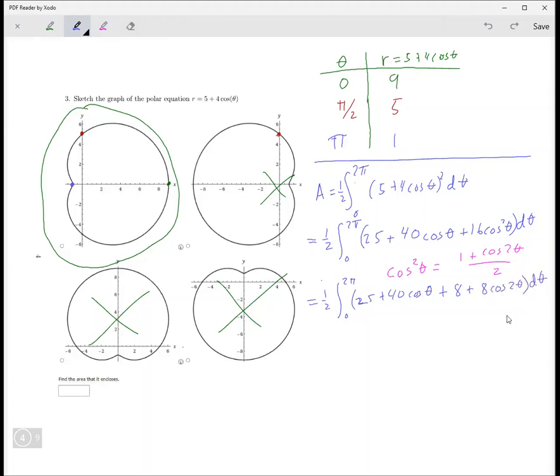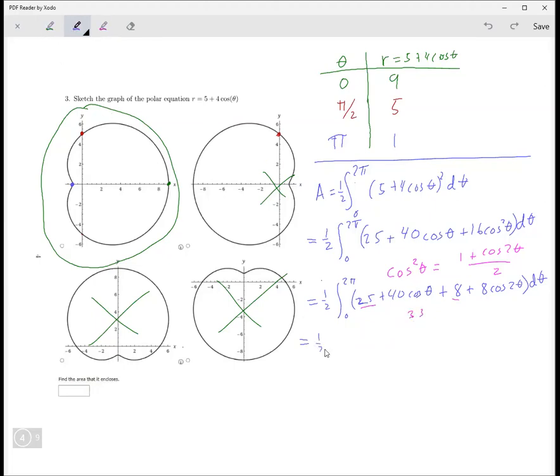Right there. So 16 divided by 2 is 8, and then you attribute the 8 to there and there. So we get that. And let's go ahead and integrate. But first of all, keep in mind that the 25 and 8 add up to 33.